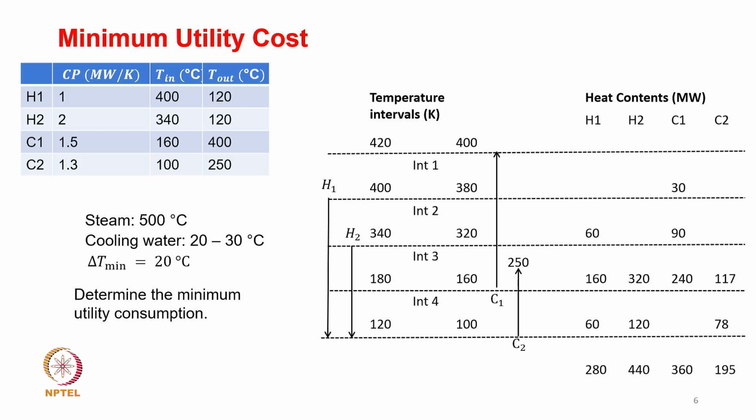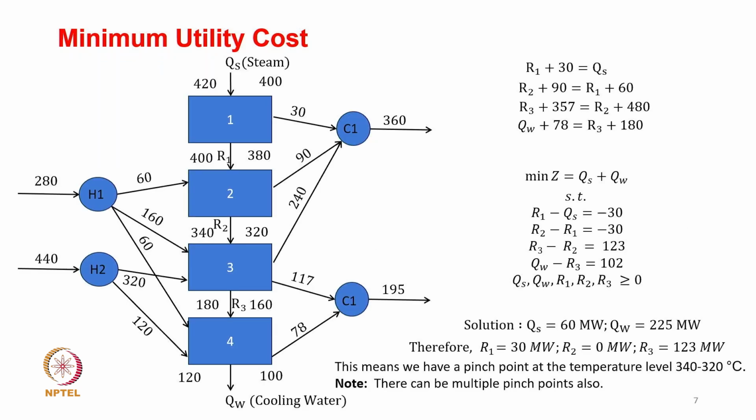Now let us visualize this in the form of a network. This network design is what we learned when we talked about the network of heat exchangers. We have 4 intervals. QS is the additional heat utility that we need to add, and QW is the additional cooling utility that we need to put in.